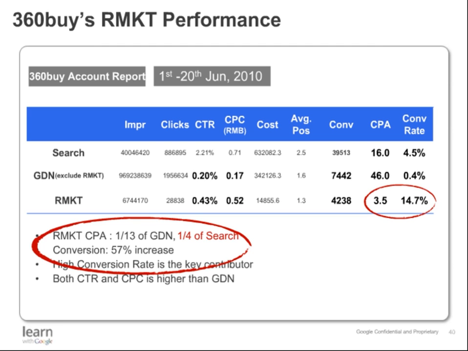I just want to sum up what we've covered today. First of all, we've covered why use remarketing. Now, remarketing is a tool that allows you to reach users when they're not searching and when they're interacting with a range of other content. And it allows you a platform whereby you can then make all of your other media work harder.